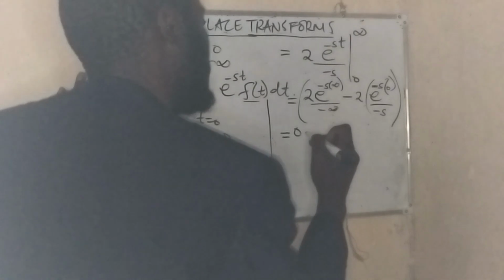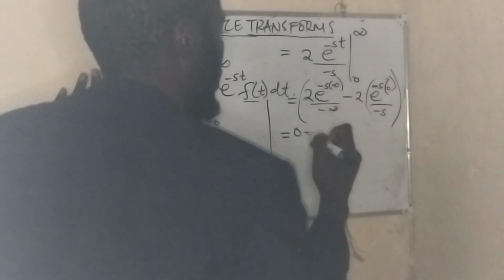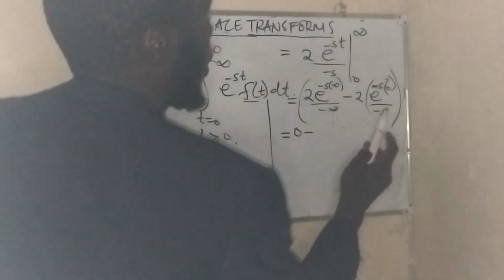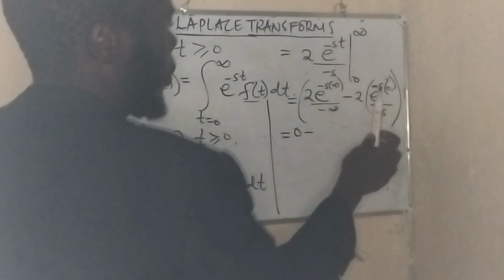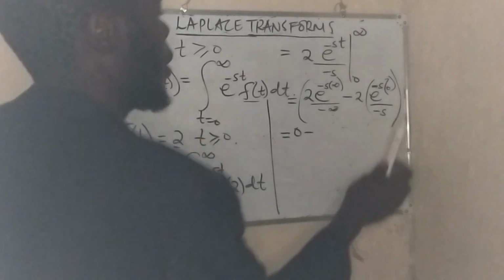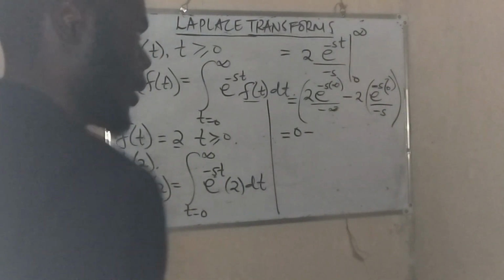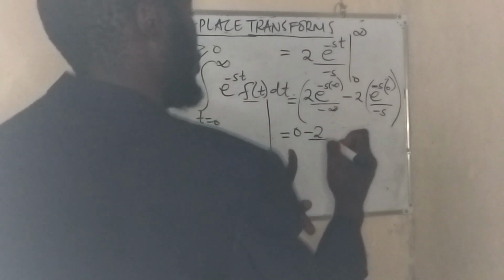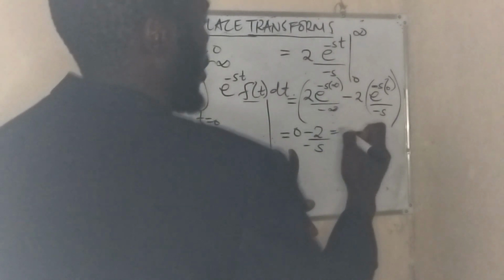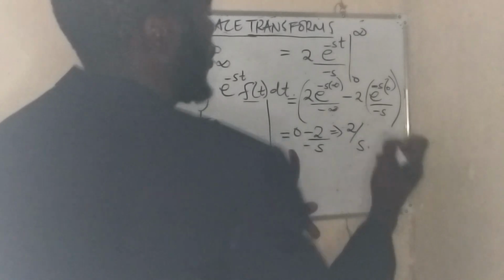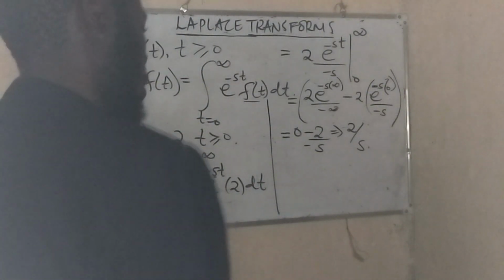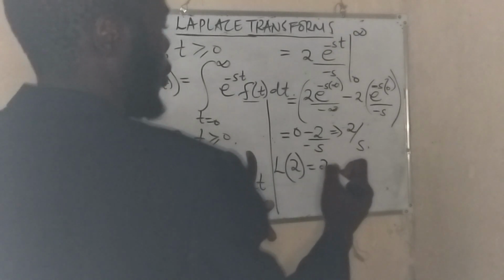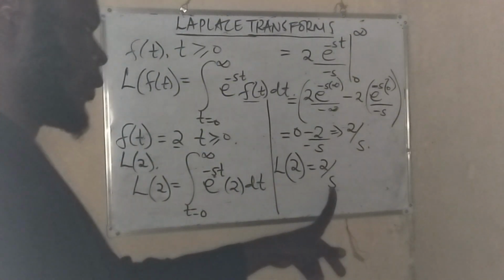Then we have minus, we have substituted with 0, exponential negative s times 0, this one will give us 1. Then we have negative 2 over negative s, which is the same as 2 over s. So the Laplace transform for that function is 2 over s.